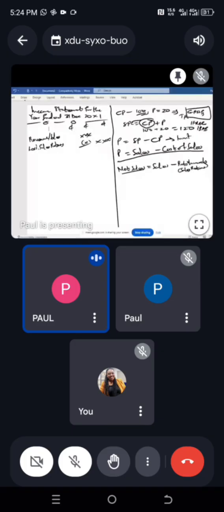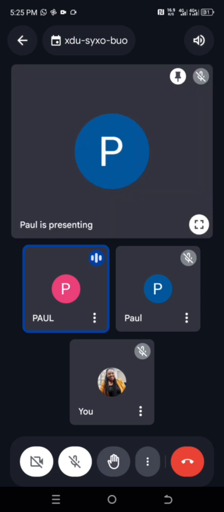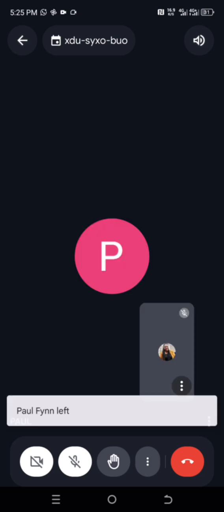Please, you understand? Yes. So that one too will be subtracted. We call it returns outward. So it will be subtracted from the cost.